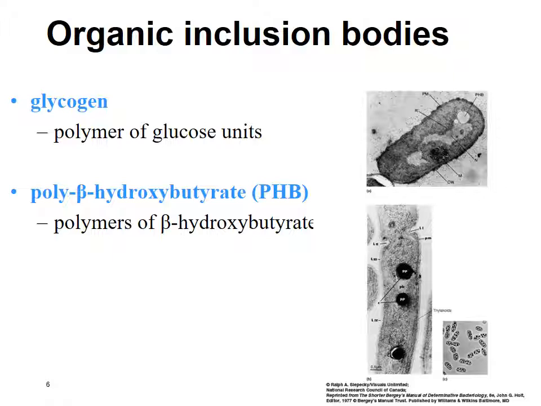Now, just like glycogen inclusion bodies, PHBs, polybeta hydroxybutyrate inclusion bodies, are carbon storage reservoirs, and these provide material for energy and biosynthesis. Many bacteria can also store carbon as lipid droplets.